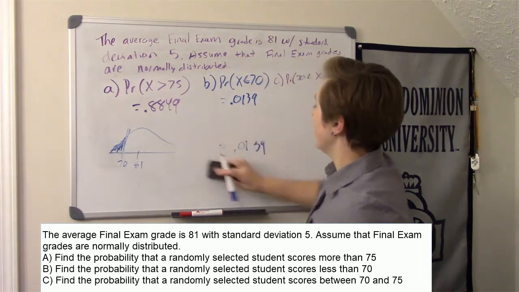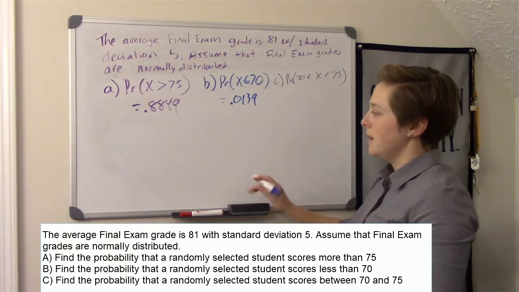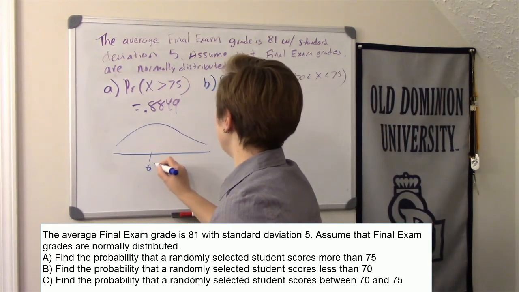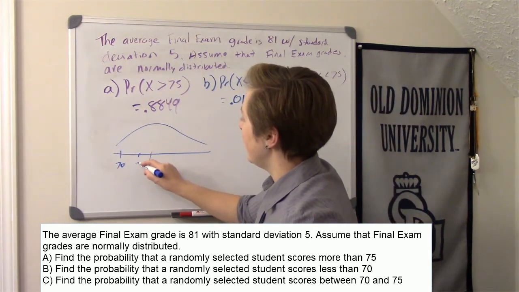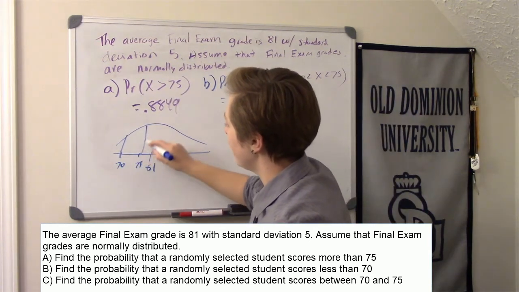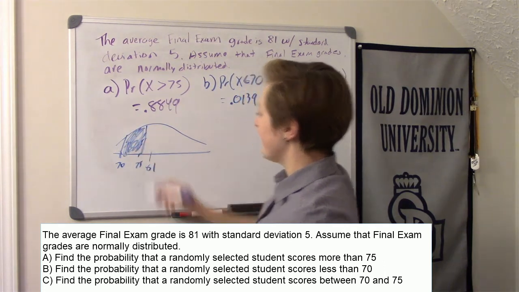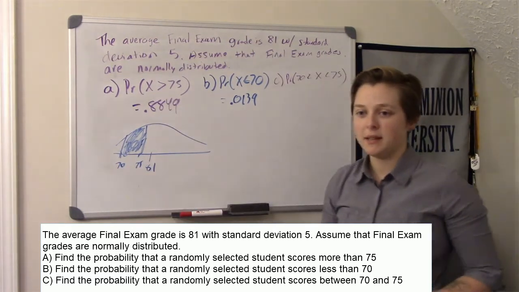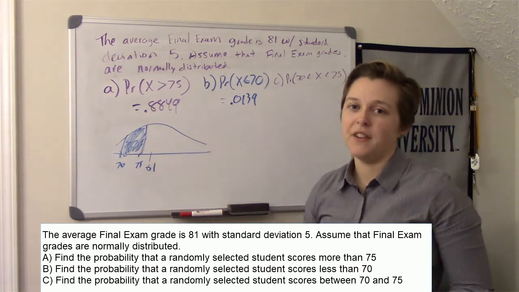All right. What about between probabilities? In the middle I have 81. Okay, so now between 70 and 75. Strictly less than 81 would be 50%, so this is also going to be some number less than 50%, right?